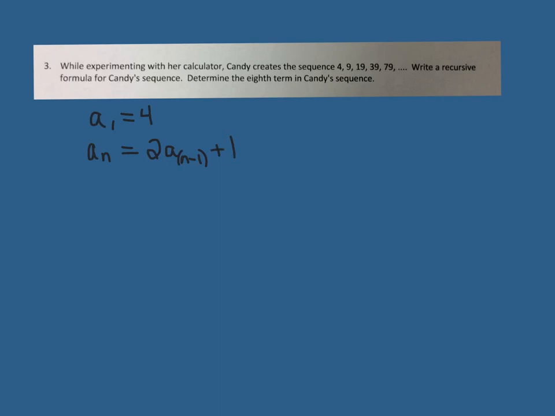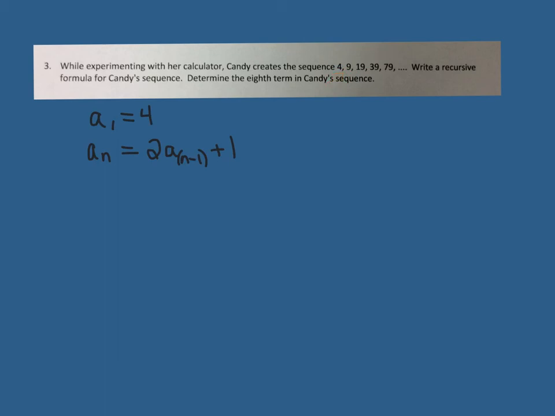Just to double check and make sure we have this right. If we wanted to find a sub 2, the second term, I replace that n with a 2, and 2 minus 1 is 1. So we'd be doubling a sub 1, the first term. 2 times 4 is 8, plus 1 is 9, and that is the value of our second term.